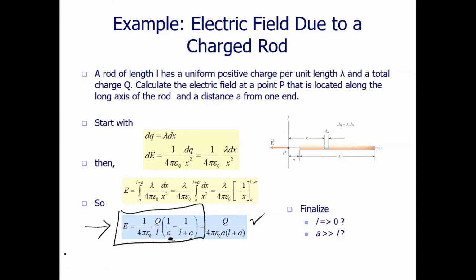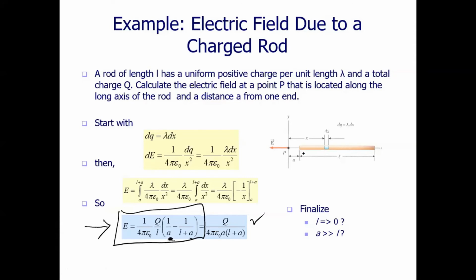In physics, when we obtain an expression, the other thing that we want to do is to look at that expression in a certain limit, and be able to see whether that expression is making sense.